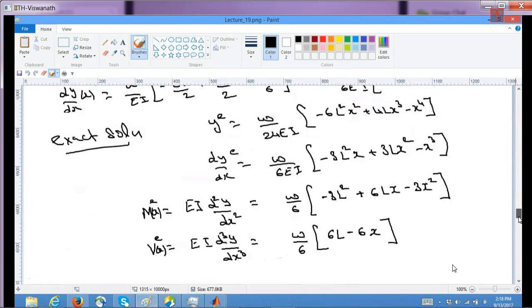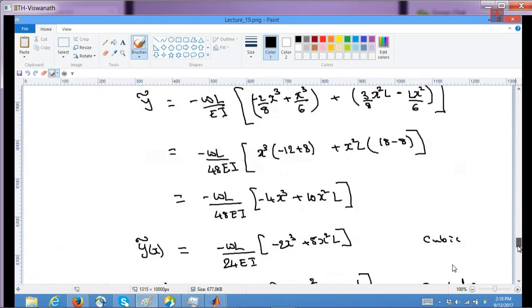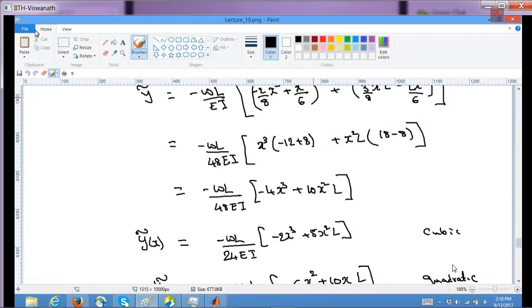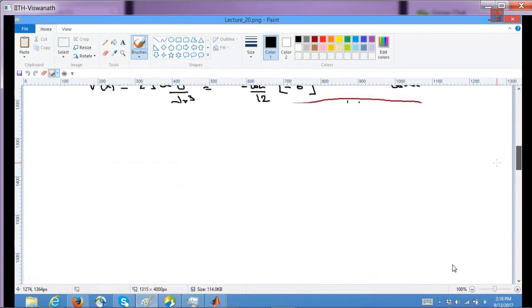From this we can see that at the nodes, our degrees of freedom, which are y tilde and dy tilde by dx, are the same as y and dy by dx.